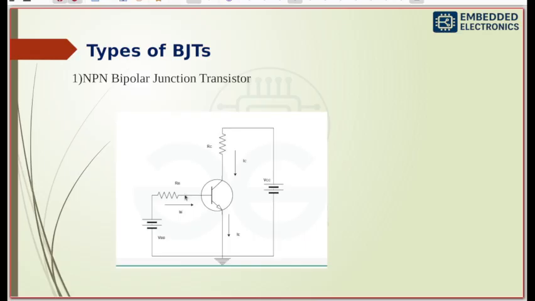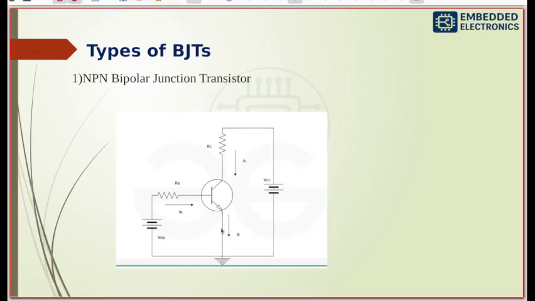But the base is very thin and lightly doped, so only a few electrons recombine. Most electrons do not combine in the base. They move forward to the collector due to reverse bias. This movement forms the collector current. There is also a very small current due to heat generated charge carriers. This is called the reverse saturation current.